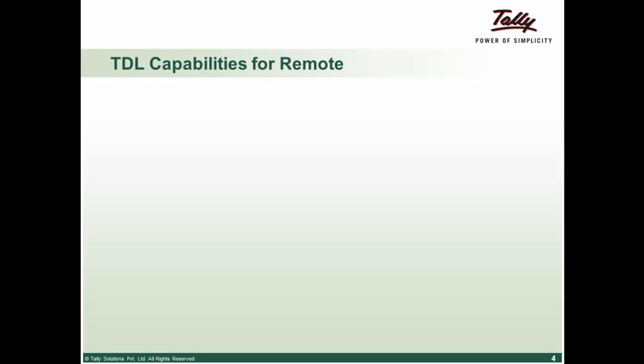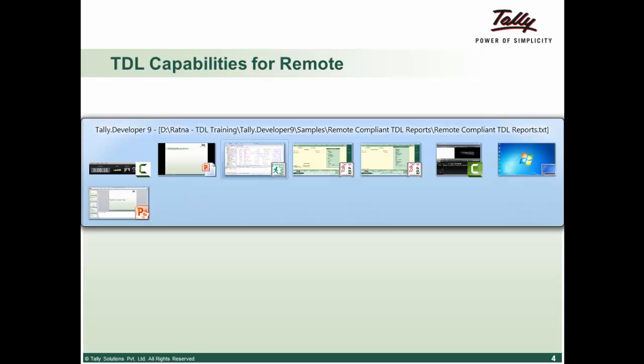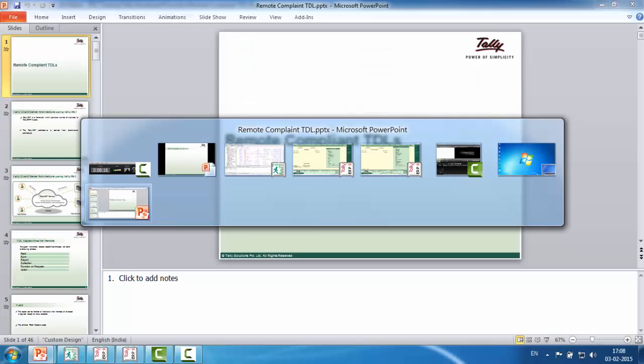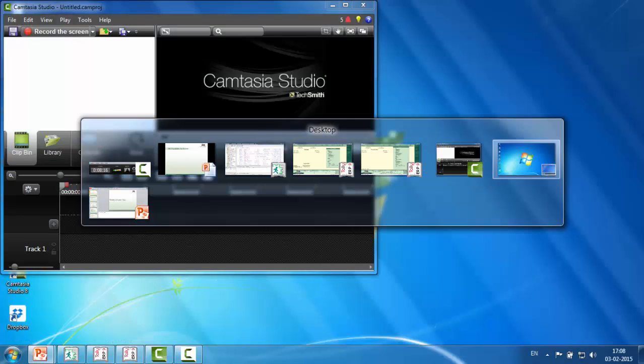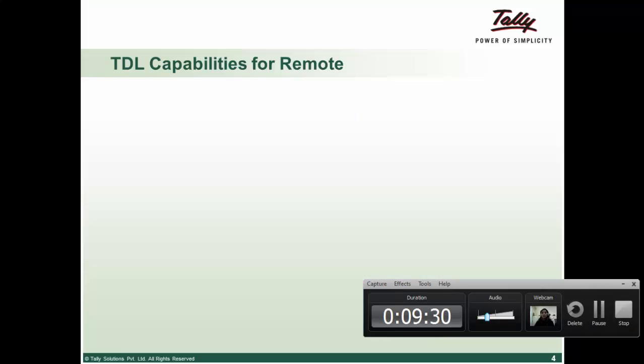It is always important to understand the concept of how a report or a TDL that has been created by you will work at a remote, or the reasons for the failures that it is not working at the remote. Fair enough? Quite reasonable to understand why we are learning this, right?